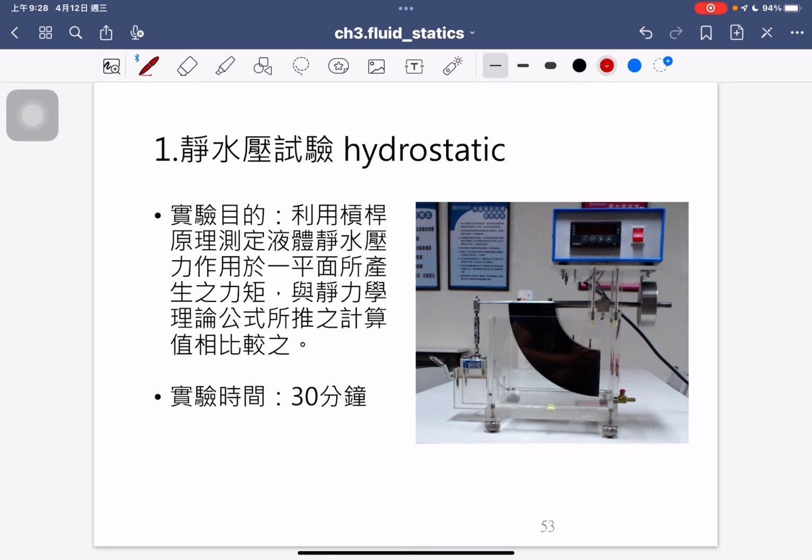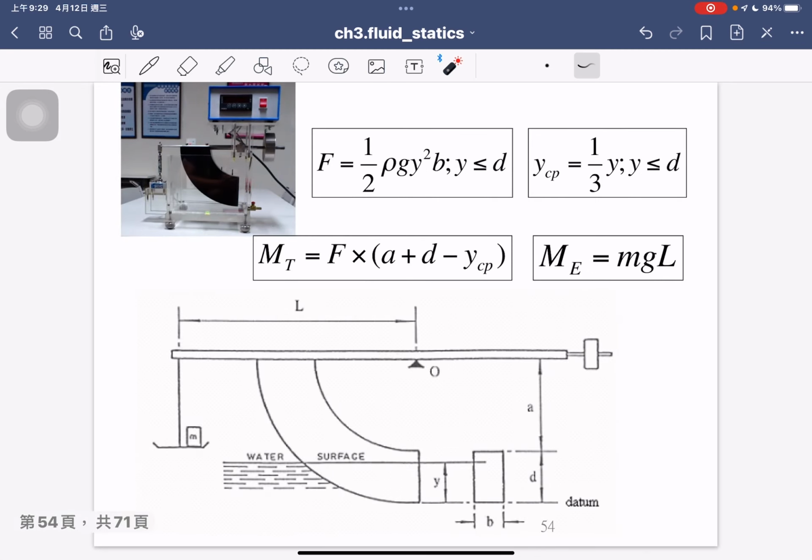Okay, so in the next semester, you will see this device in our laboratory class. For all the laboratory experiments, I will tell you how much time is required to finish the experiment. For this one, we should spend 30 minutes to finish the experiment. Okay, so we can go into more detail.